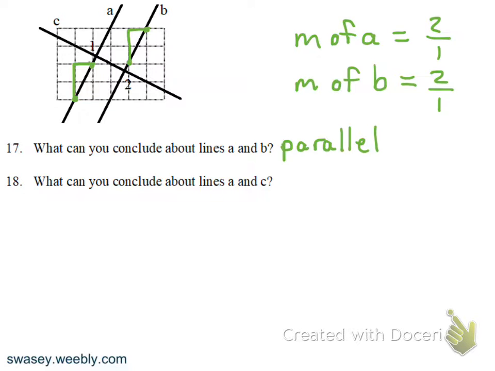Now let's compare slope of lines A and C. So now looking at C, I'll go from here to here. We go down 1 to the right 2.